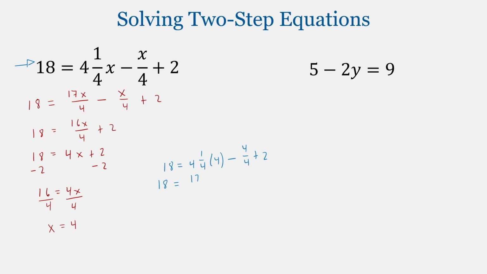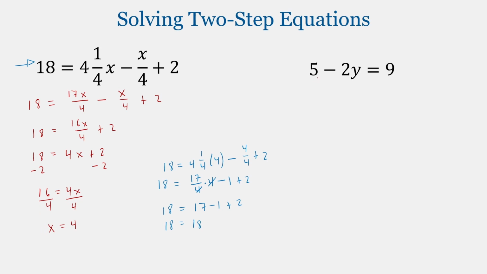So we have 17 over 4 times 4 minus 1 plus 2. These 4s are going to cancel out. So we have 18 equal to 17 minus 1 plus 2. 18 is equal to 17 minus 1 is 16 plus 2 is 18.